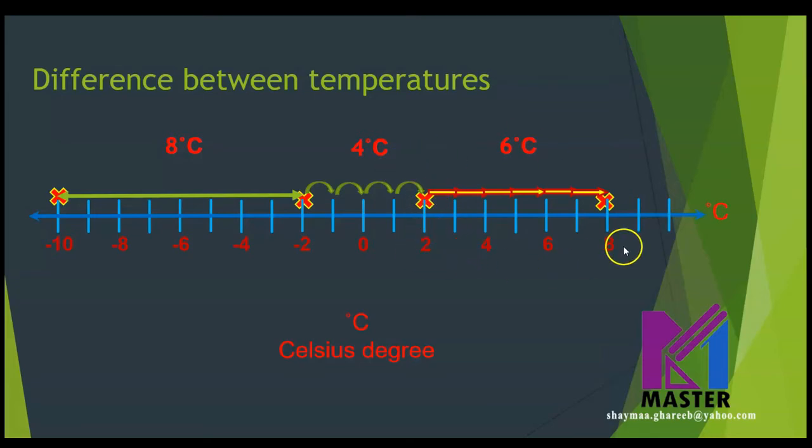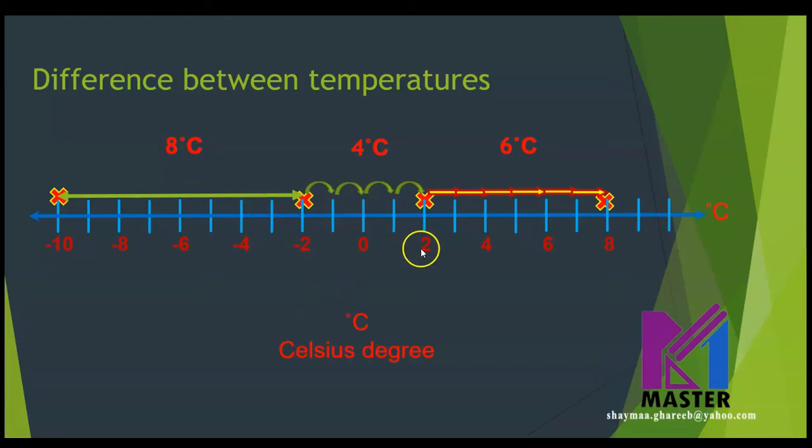Let's look at the first two temperatures. The difference between the 2 and the 8 is 6, the same as subtracting 2 from 8. And the difference between -10 and -2, both temperatures are negative, is the same as subtracting 2 from 10. 10 minus 2 gives 8.